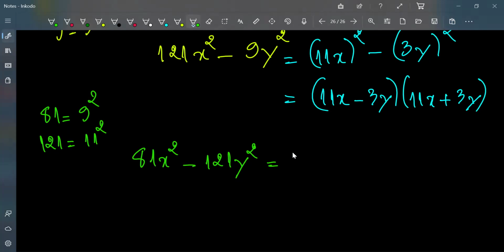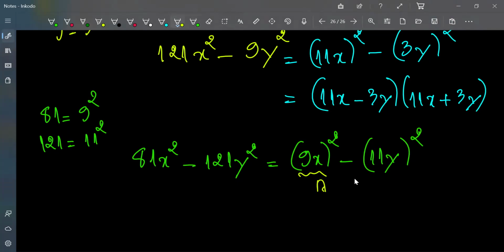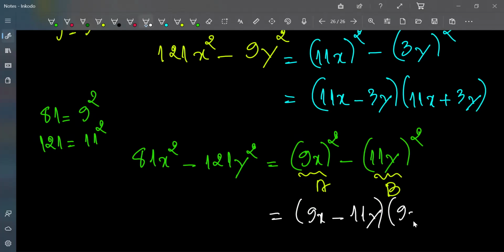So now we can write it as 9x square minus 11y square. This is A and this is B. So the factorization is 9x minus 11y multiplied by 9x plus 11y.